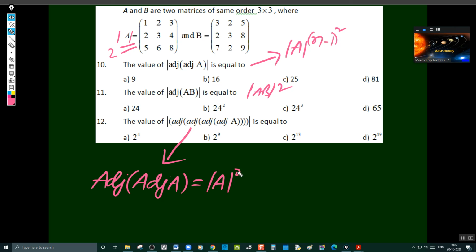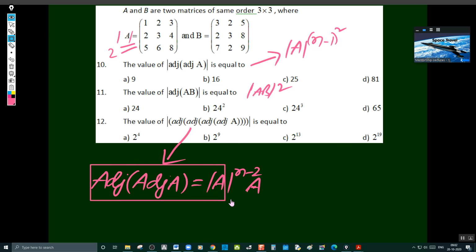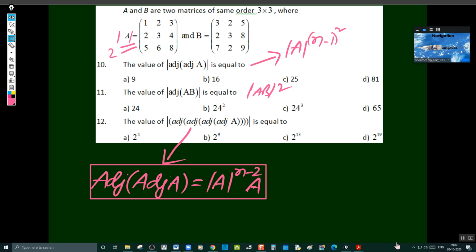No, it is n minus 2 into A. Yes, n minus 2, yes. That is the reason why I have taken up this question, just to revise this. And I asked you to take the screenshot of those properties of adjoint and all the determinants. Do you have it with you? Yes, sir. In that one, just check it out.